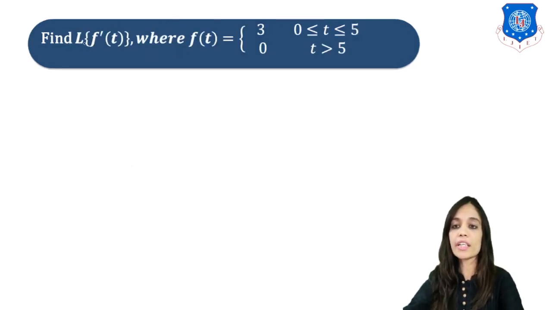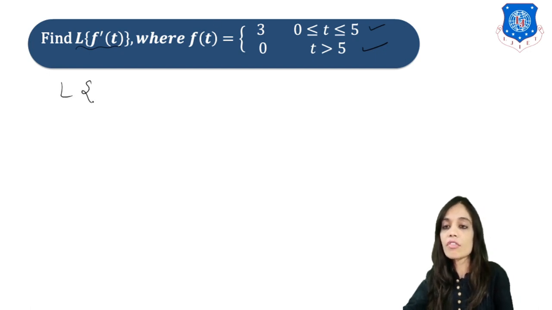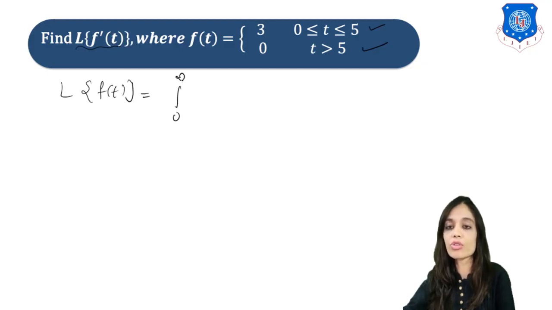So we have to find Laplace of f dash of t, where our f of t is this function, right? So now you can see the function is in two parts. So we cannot apply the formulas directly. So we will use our definition. So firstly we know that Laplace of f of t is integration 0 to infinity e raised to minus st f of t dt.